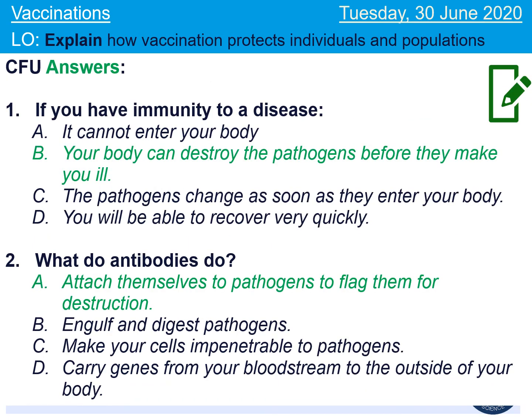The answer to question 1 is: if you have immunity to a disease, your body can destroy the pathogens before they make you ill. Question 2. What do antibodies do? They attach themselves to pathogens to flag them for destruction.